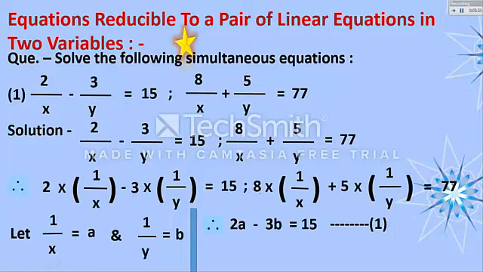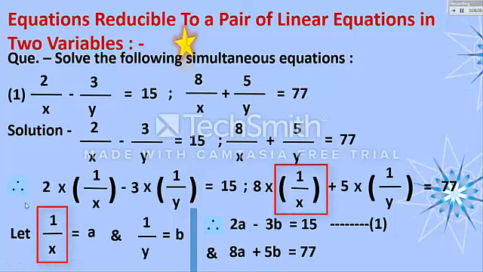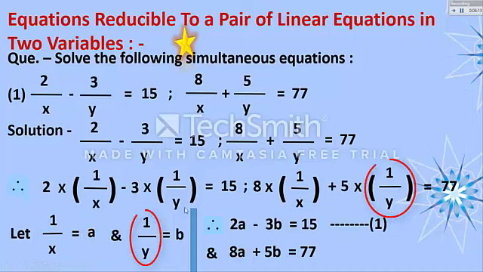Then the other equation: 8 into a, that is 8a, plus 5 into b, that is 5b, is equal to 77. That is equation 2.